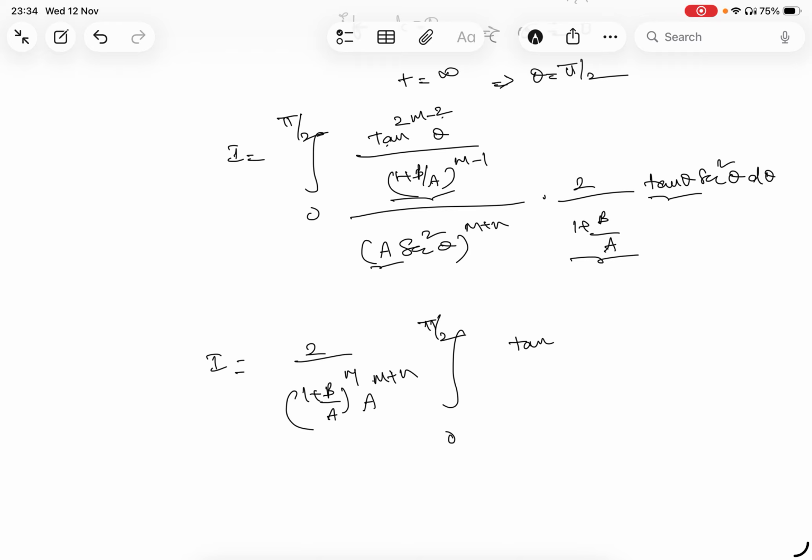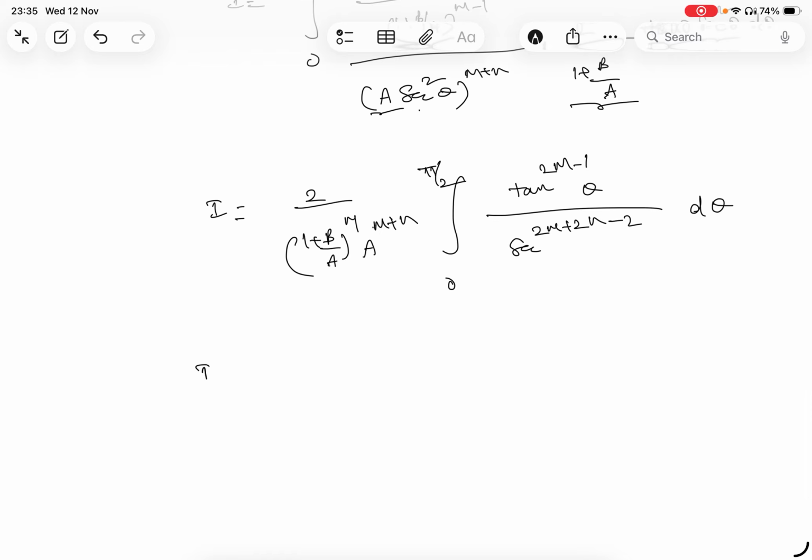Minus 2 plus 1 is minus 1, which is tan power 2m minus 1 theta by secant power 2m plus 2n. There is one more secant theta in the numerator, so when it comes in the denominator, this will be minus 2. Fine. Then this is d theta.